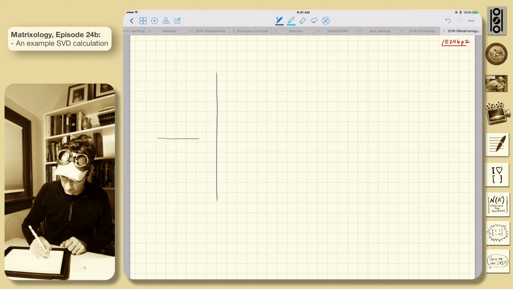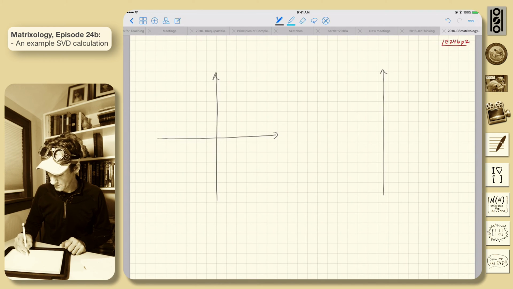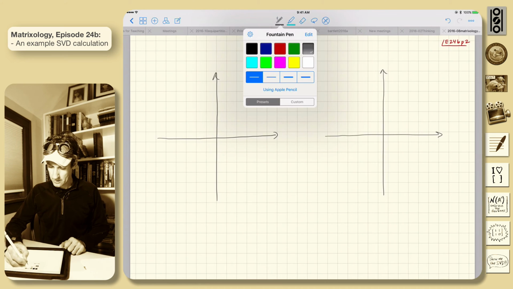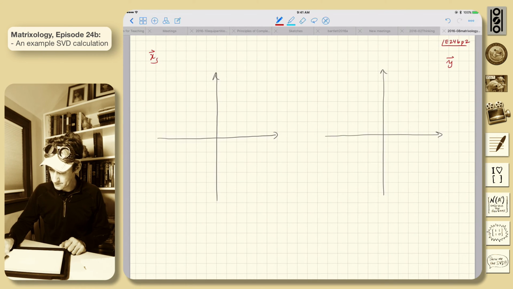Okay, so we've got some axes over here. Square root of 20, what is that? It's about 4 and a bit. So this is where the x's live. This is x space over here. This is y space over here.